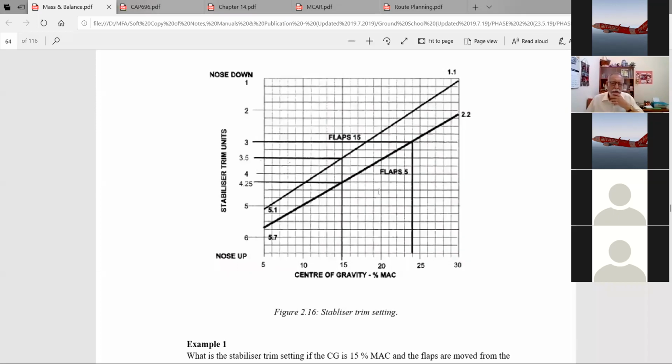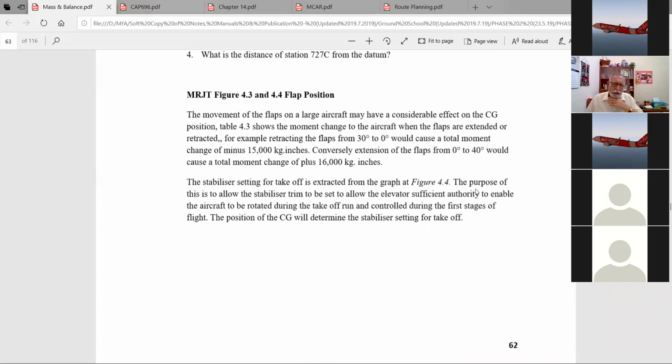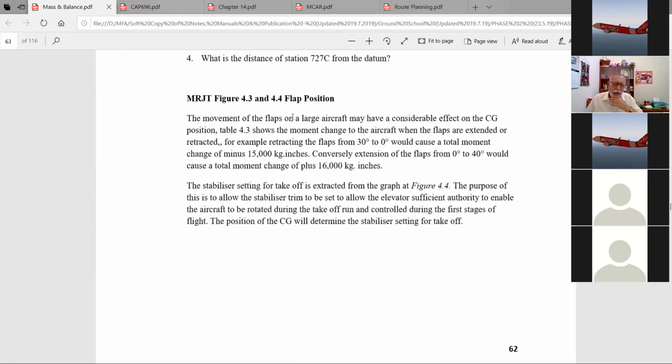Now this is a graph wherein it is very important to check the position of your trimmer. When we fly the aircraft for takeoff, we must have the correct trim. Now the explanation given here is figure 4.3, flap position.